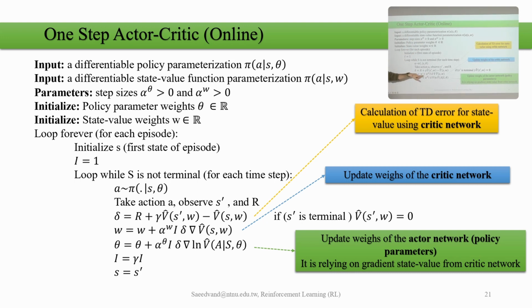Here we are talking about the value, but there we are talking about the policy. So because of that, the logarithm of the probability of the action given by the state and theta, the parameters that we have. I also have written there as a point for you that we are updating the weights of the actor network, the policy parameters, and it is relying on the gradient of the state from the critic network.